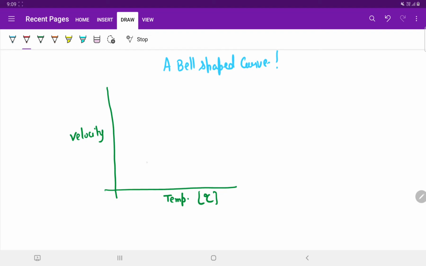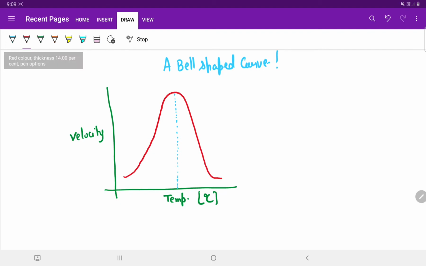The graph obtained is a bell shaped graph like this, and the optimum temperature for working of various enzymes is around 40 degrees Celsius. This is the optimum temperature, and the range usually varies from 10 degrees Celsius to 80 degrees Celsius. Around 40 degrees Celsius the enzyme shows the maximum activity.